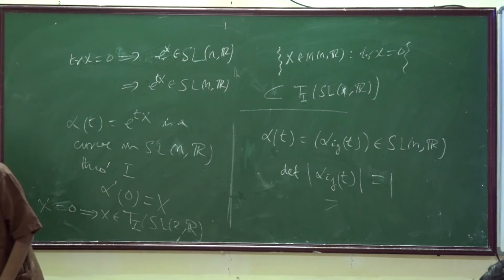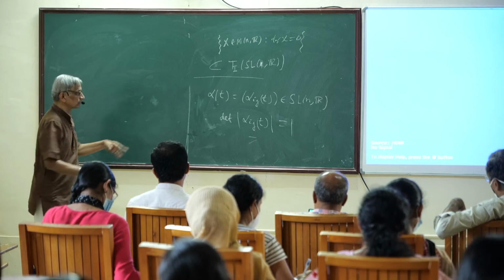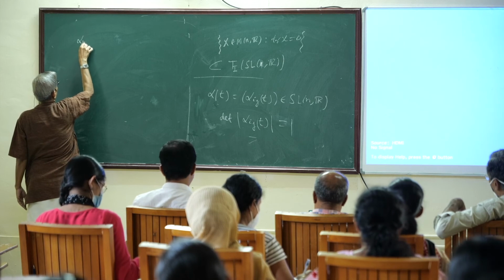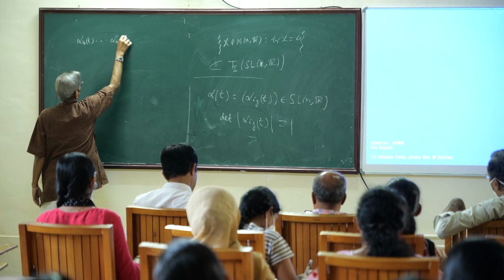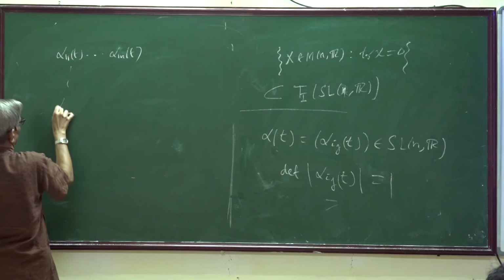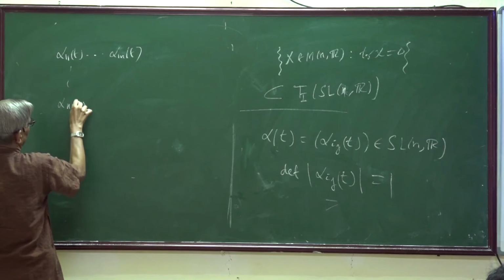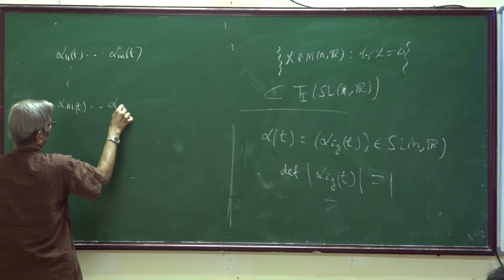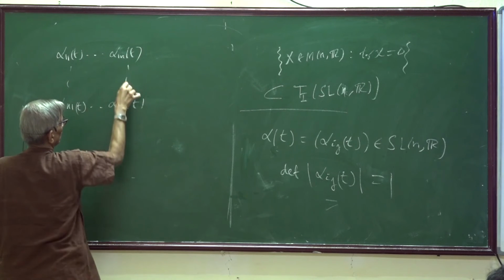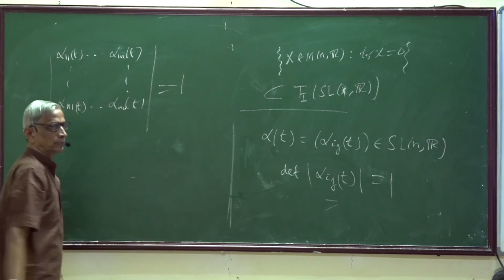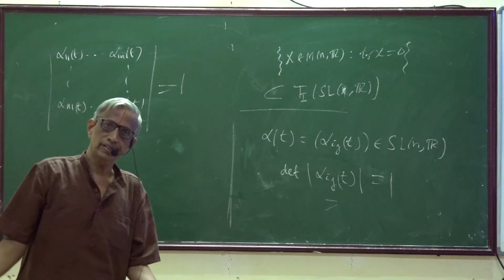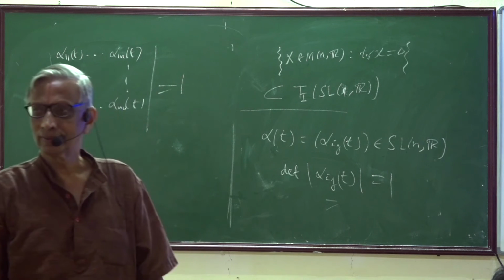What does this give you? If you differentiate both sides, so alpha 1 1 of t, alpha 1 n of t, alpha n 1 of t, alpha n n of t, this determinant is 1. So differentiate with respect to t now.